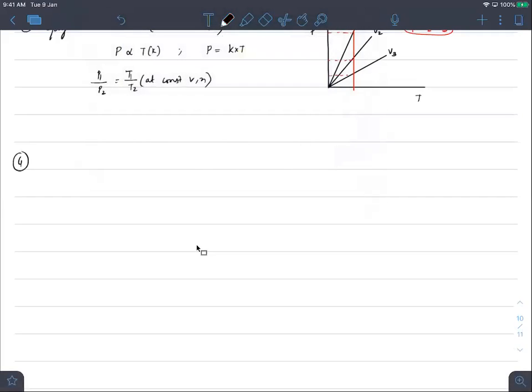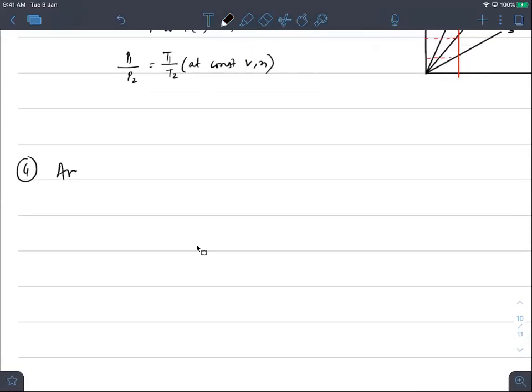The last gas equation is Avogadro's equation or Avogadro's law. Avogadro's law tells us that at constant temperature and pressure, volume is directly proportional to number of moles. It's like inflating a balloon, right?